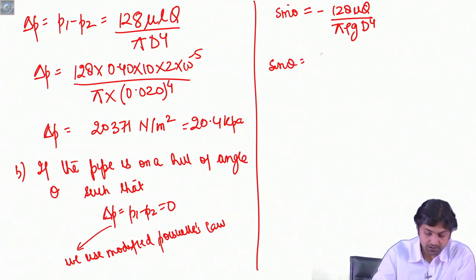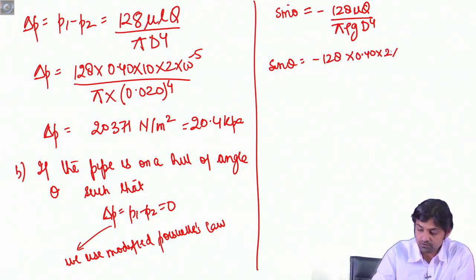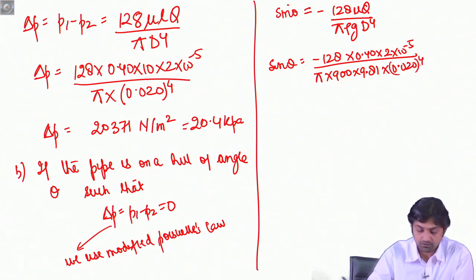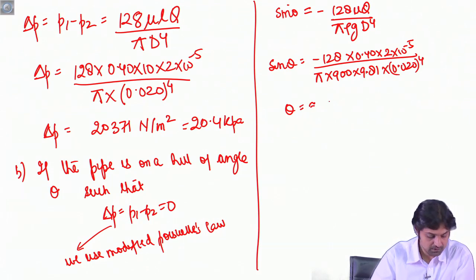So sin theta is going to be minus 128, this is 0.40 into 2 into 10 to the power minus 5 into pi into 900 into 9.81 into 0.020 to the power 4, and theta is going to be approximately minus 13.34 degrees.